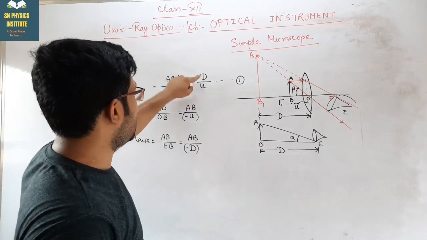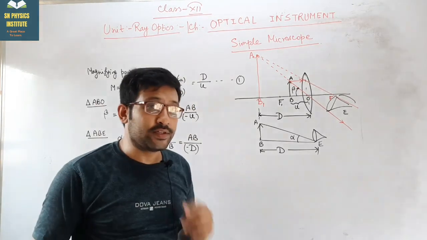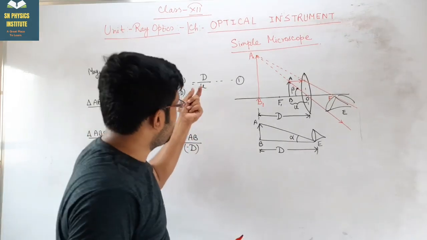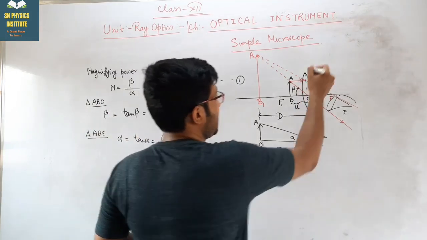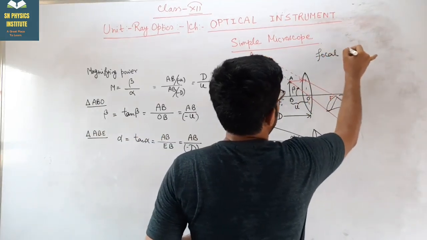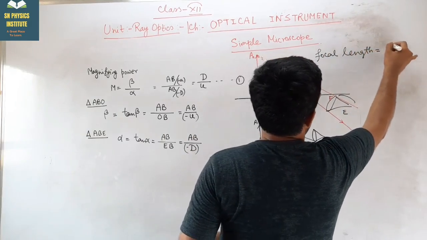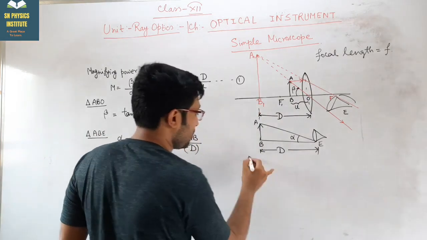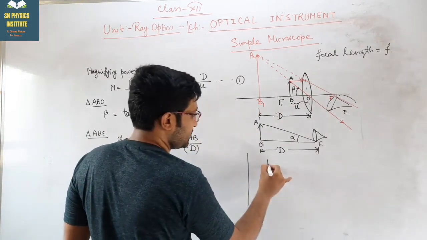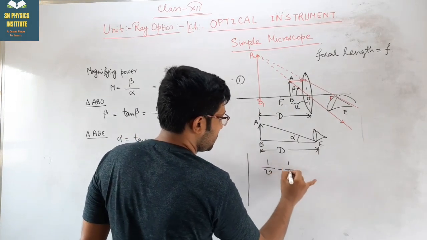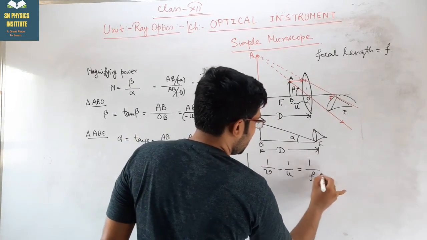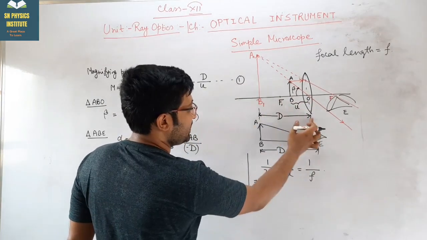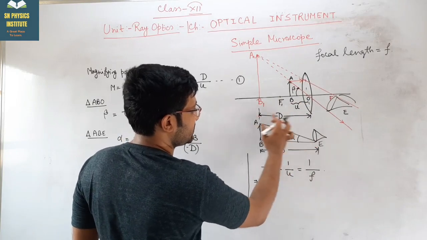So magnifying power is equal to D divided by U. You have to find out this magnifying power. U is unknown, so you have to convert it in terms of focal length, which I am considering here as small f. How can you get this? If I apply the lens formula, 1 by V minus 1 by U is equal to 1 by F. V means the final image, which is found at capital D distance, as you see in the first diagram.